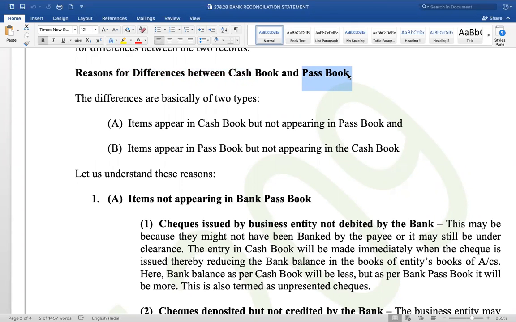Number 1 is items appear in cash book, but they do not appear in passbook. Number 2 is items appear in passbook, but they do not appear in cash book.